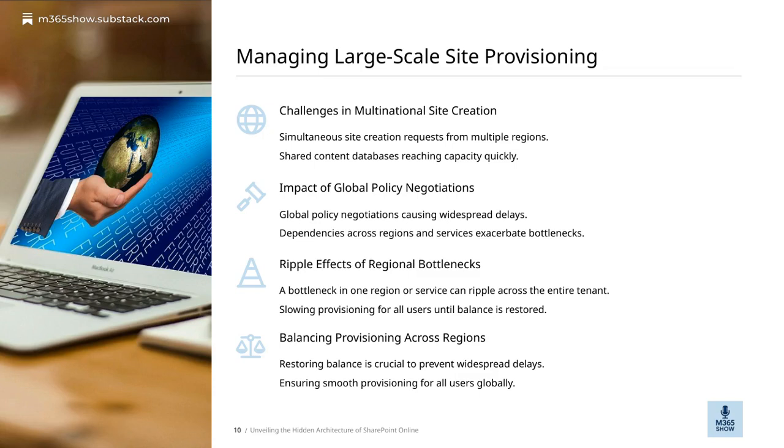When multiple regions request site creation at the same time, it can quickly overwhelm shared content databases, causing capacity issues. All of these factors highlight how interconnected and delicate large-scale provisioning can be. Managing these dependencies and balancing the load is key to ensuring smooth, efficient operation for users worldwide.